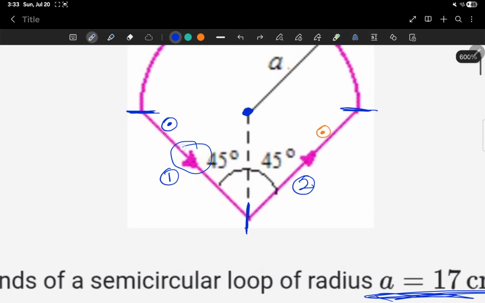I'll focus on segment 1, piece number 1. Now I need to find the magnetic field over here at this point. So what do I do? I draw a line that goes from that point to this segment. This point here on the wire is the closest point to this point here.